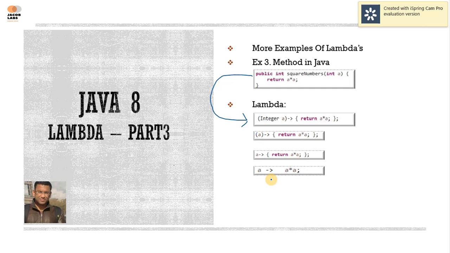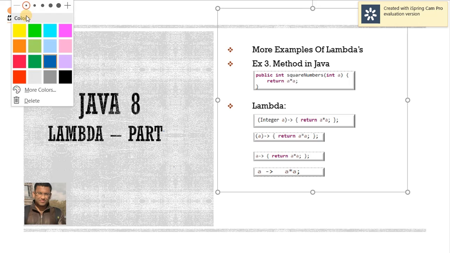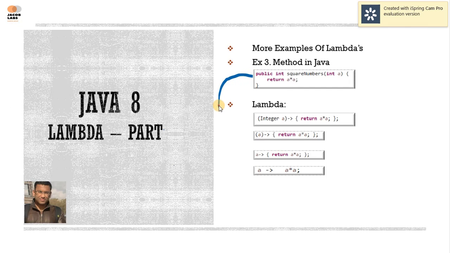So let's see, this method that we see can be rewritten with a Lambda, and it will look something like this.